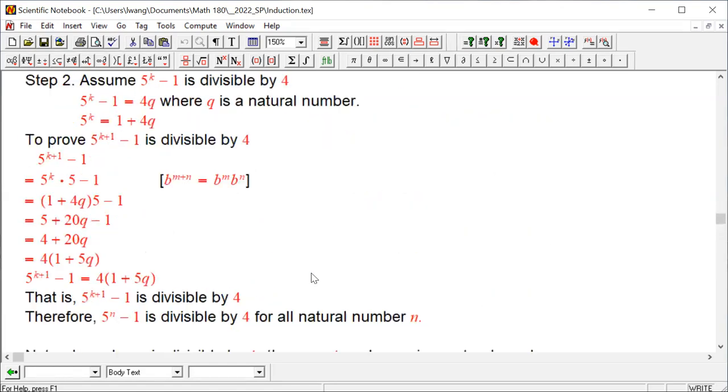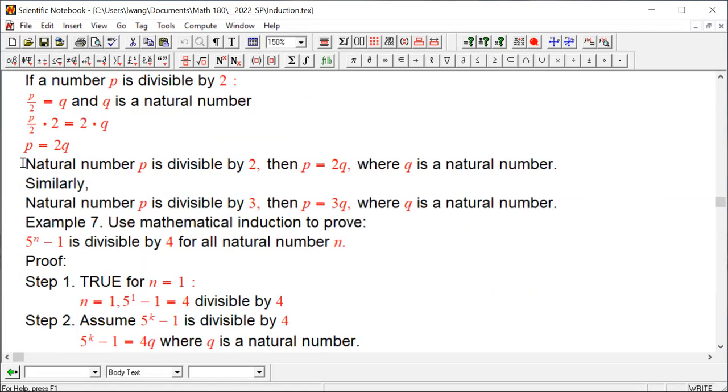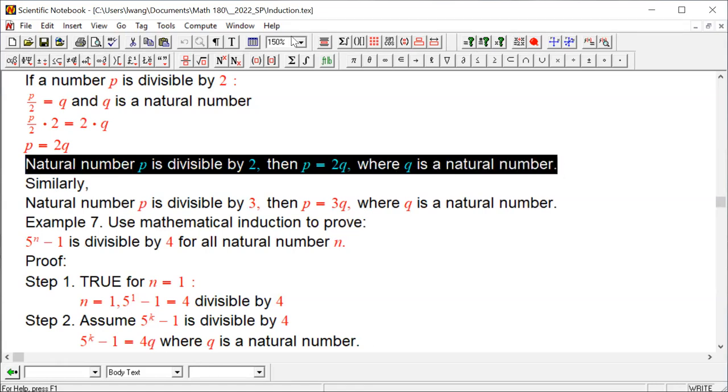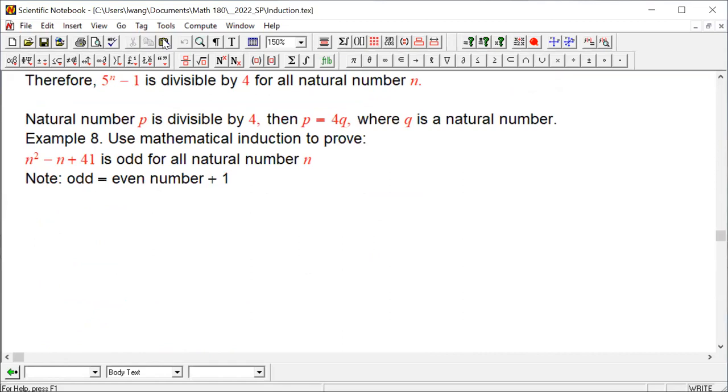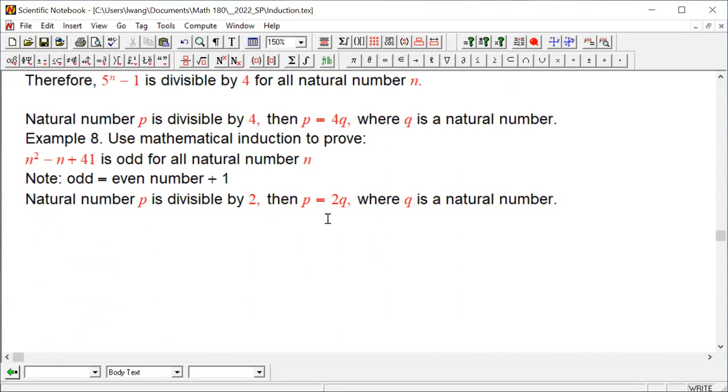We did that, didn't we? A number divisible by 2, how do we write it down? If a number is even, it can be written as 2 times another natural number. So if this even number is 2 times q, where q is a natural number, plus 1, then an odd number looks like 2 multiplied by a natural number plus 1.